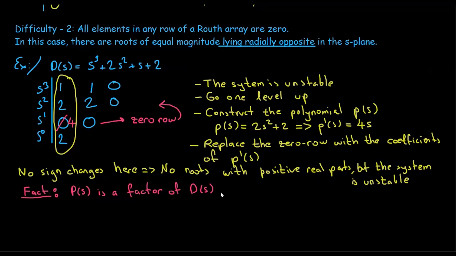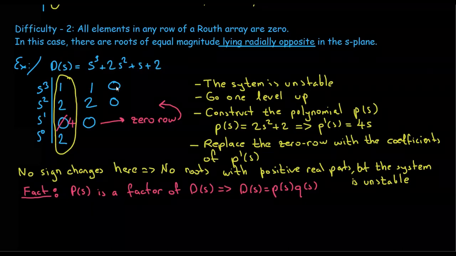This simply indicates that I can write D of s as P of s times some other polynomial Q of s, and the remainder should be equal to 0. So let's do that and see the poles of the original polynomial D of s.